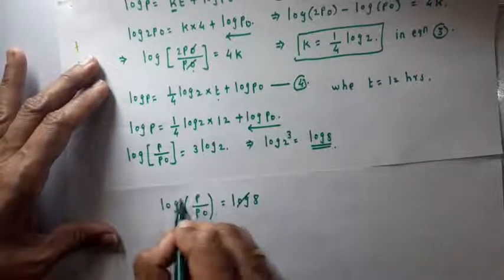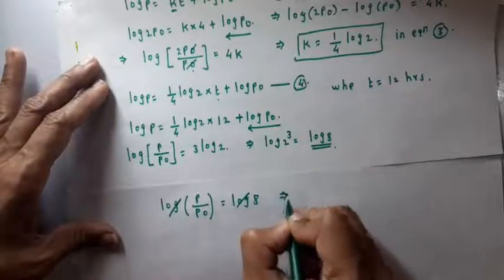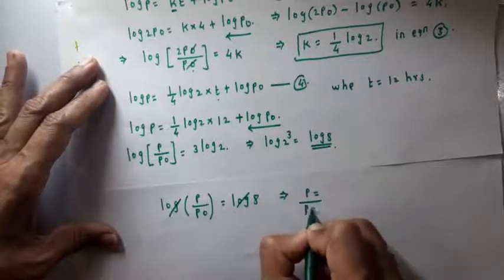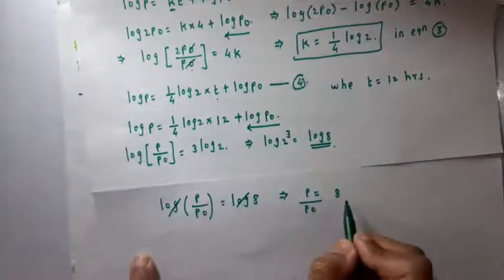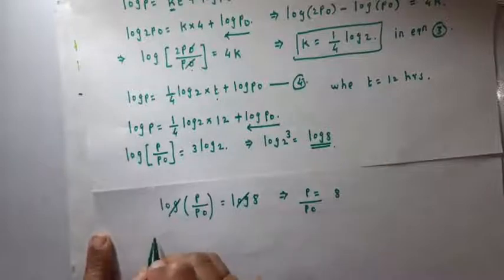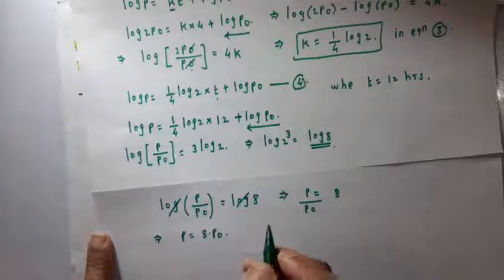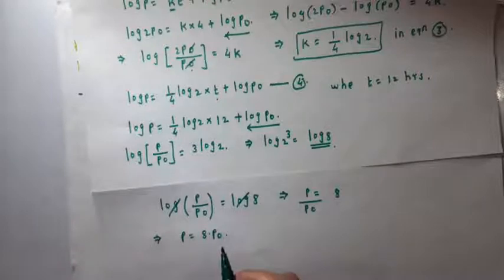By cancelling logs on both sides, we get P upon P0 equals 8. This implies P equals 8 times P0. Means the number of bacteria will be 8 times the original number in 12 hours.